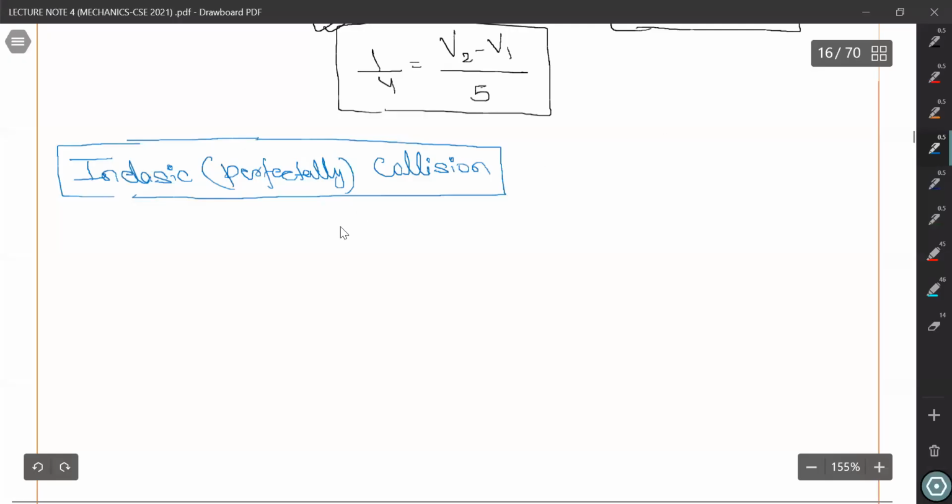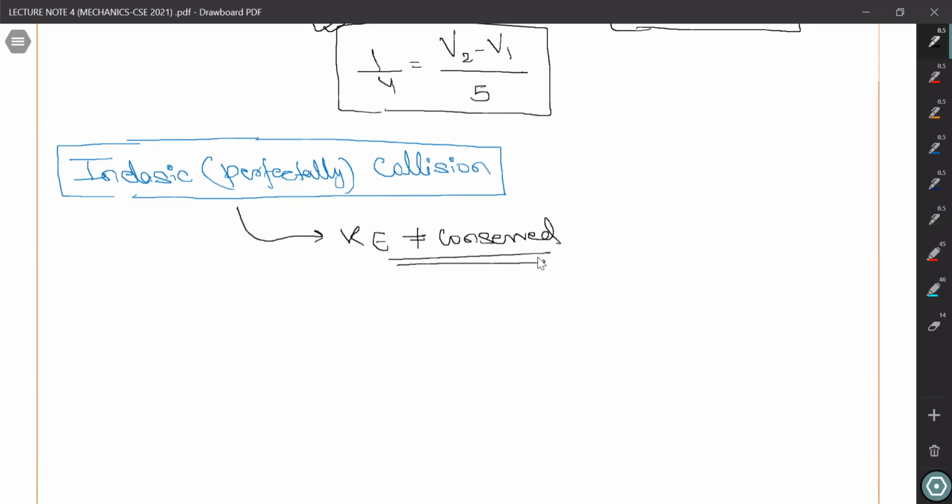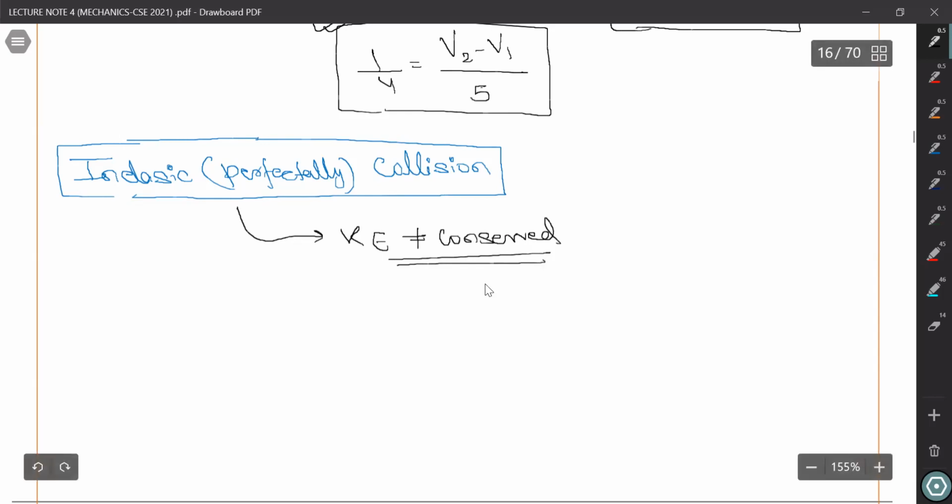We already know that in case of inelastic collision, kinetic energy is not conserved, but it does not mean that kinetic energy will always remain less, right? There may be some cases when kinetic energy increases and when kinetic energy decreases.